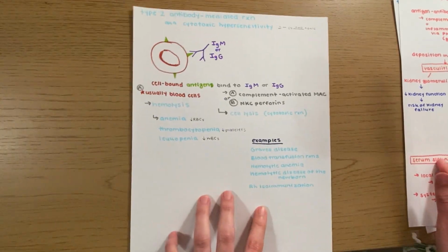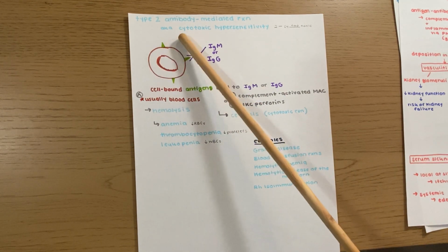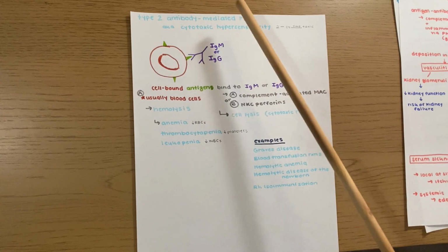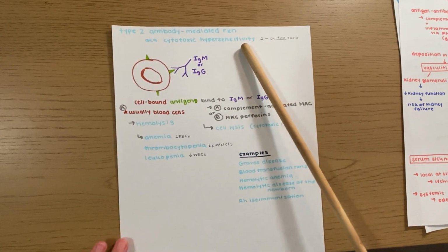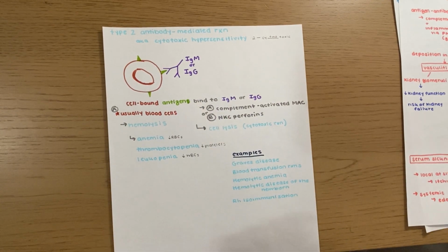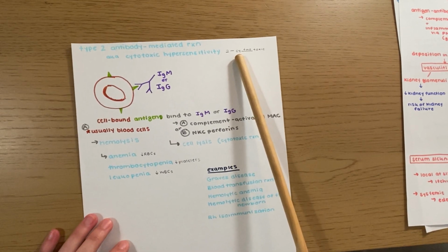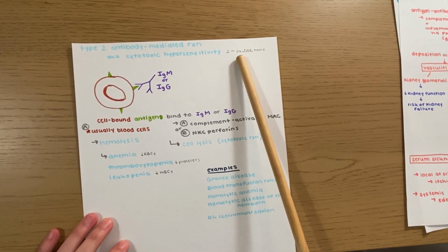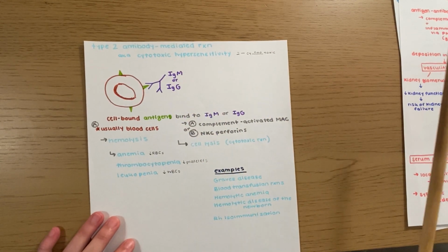So type 2 hypersensitivity is also called antibody-mediated or cytotoxic hypersensitivity. You can remember that type 2 is also called cytotoxic hypersensitivity because you could just exaggerate the sounding of cytotoxic to "cytotoxic," so type 2.